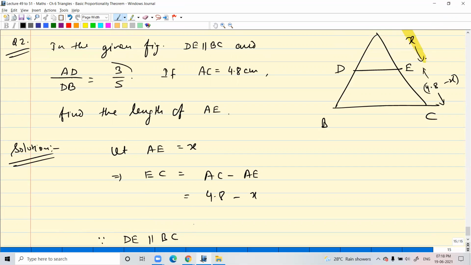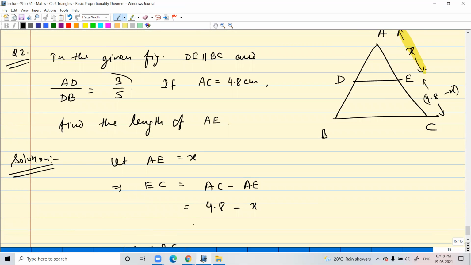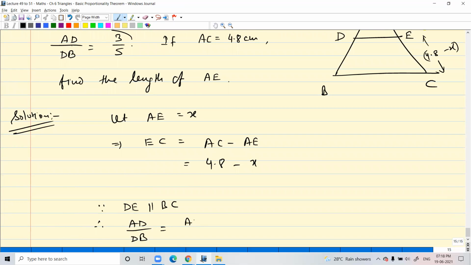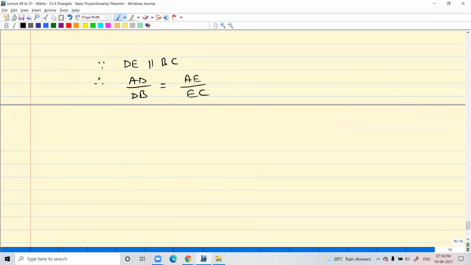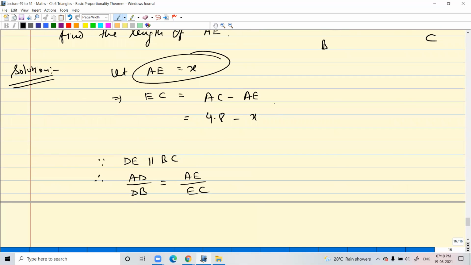AE by EC, right? And I have already assumed here AE is X, and that is why I found EC. EC is equal to 4.8 minus X because I needed this ratio. So AD by DB was given as 3 by 5.